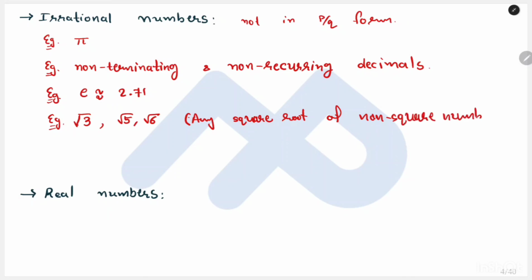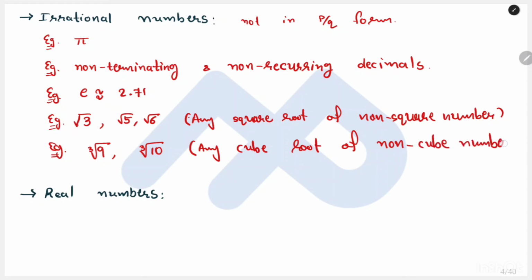Same, any cube root of a non-cube number. Let's say 9. 9 is a square number but not a cube number. So if I find the cube root of 9, it is irrational. Cube root of, let's say, 10, irrational. So any cube root of a non-cube number is irrational.